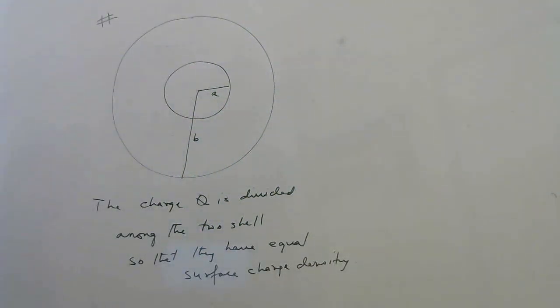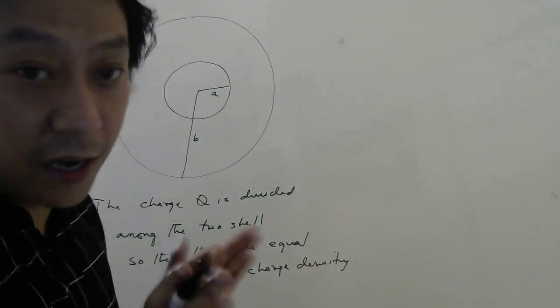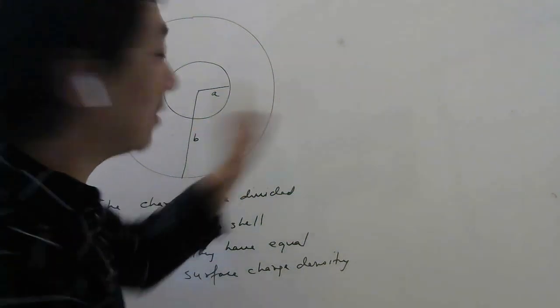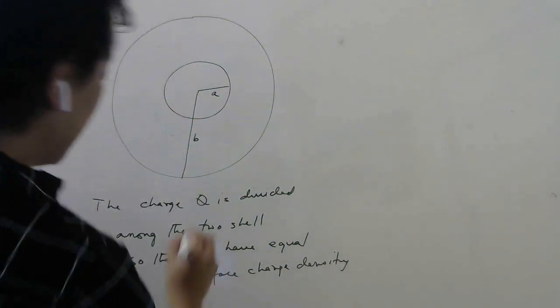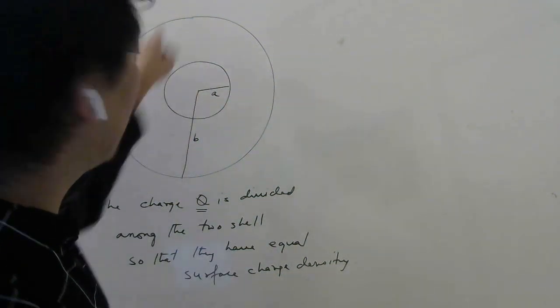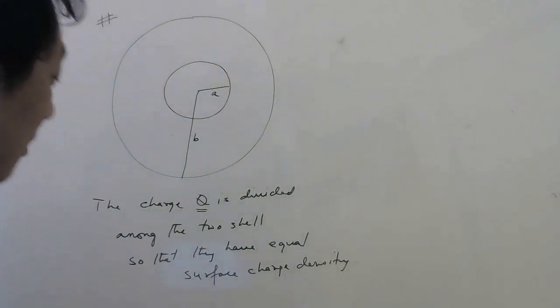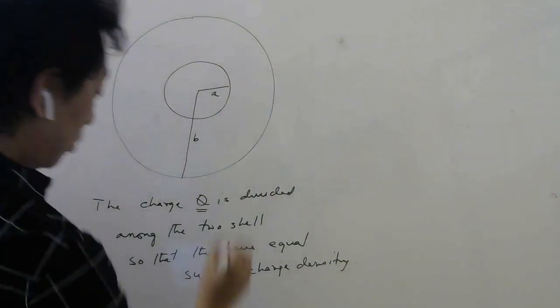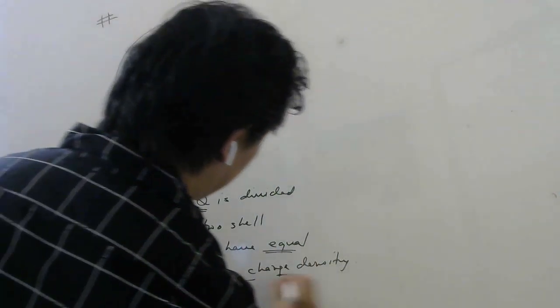Okay, so whatever charge, so this time students, they are not telling charge here is q1, charge here is q2, like that. What they are saying, there is some charge capital Q which they are dividing between this shell and this shell in such a way that the two shells should have equal surface charge density.